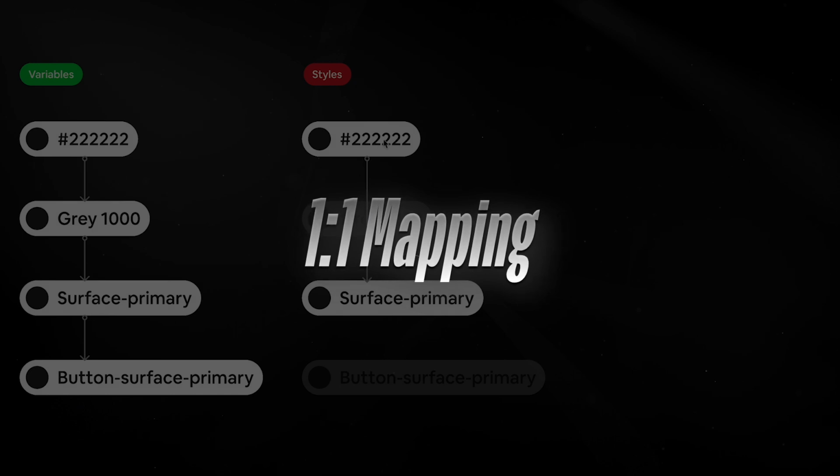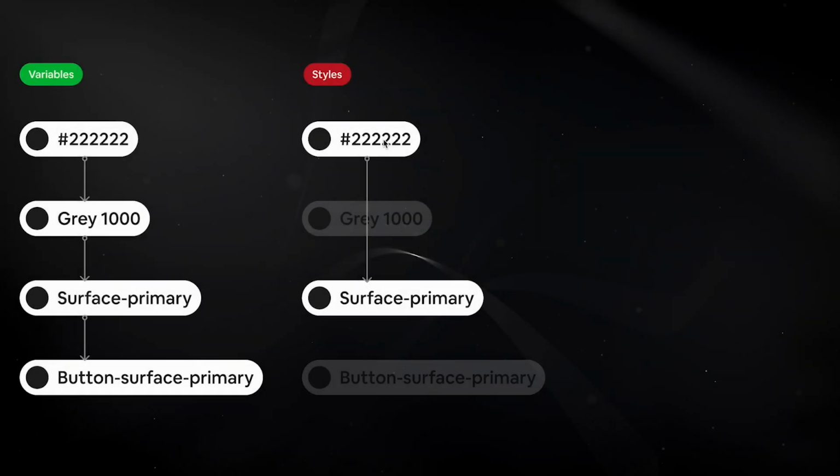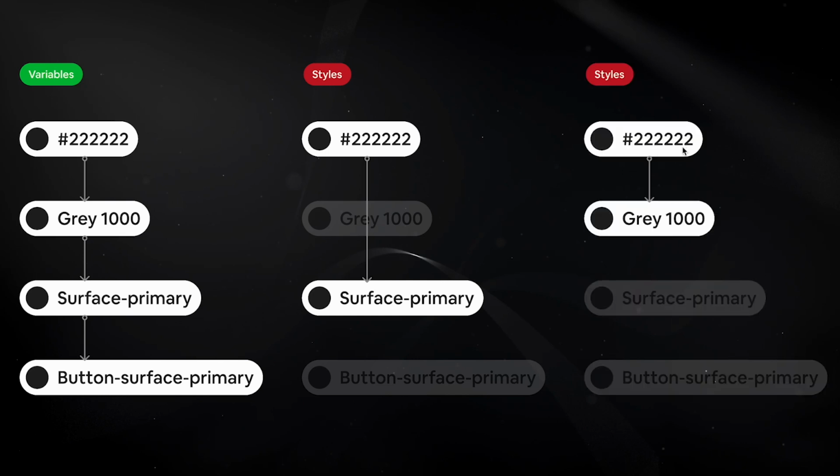You can either take the color and create a color style, and you can choose to call it surface primary, or you can take this color and create a color style and call it gray 1000. Because in color styles, you can only do a one-to-one mapping. You can't do more than that. But in Figma variables, you can, and obviously I'm going to show you.